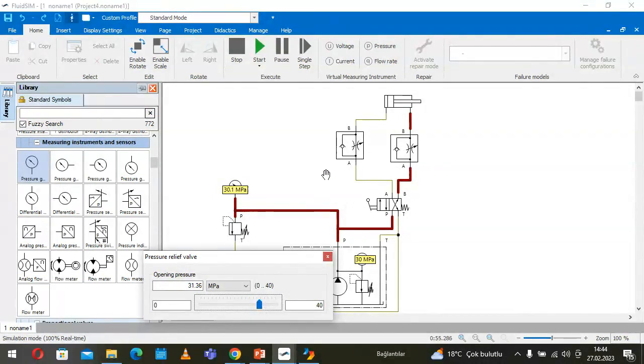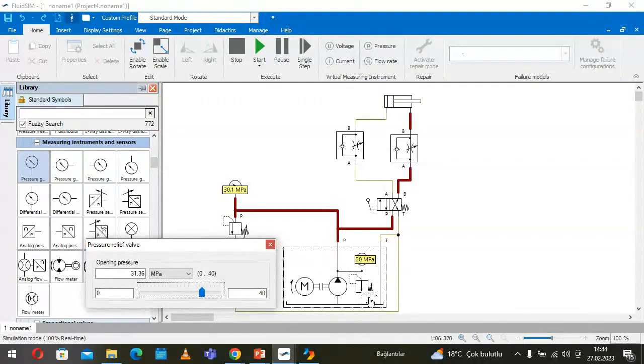It cannot work anymore because I increased the pressure so much on this pressure relief valve that it starts to open and bypass the oil into the reservoir, because it is adjusted to 30. If the oil pressure arrives at 30, this is like the fuse. It is a safety valve in this meaning. So it opens the pressurized oil into the tank and stops the pressure from increasing.